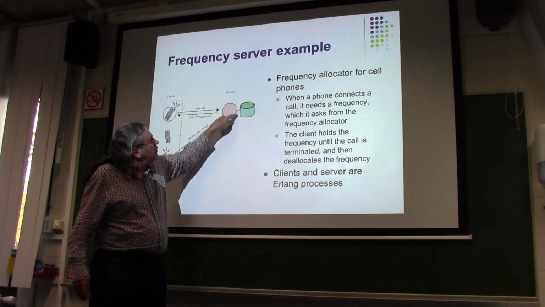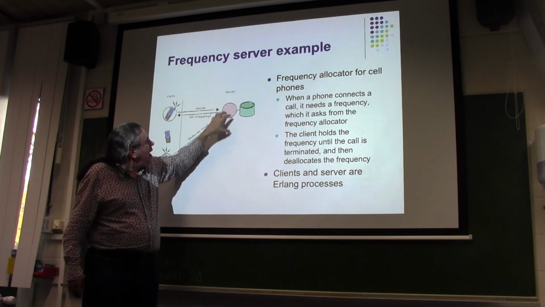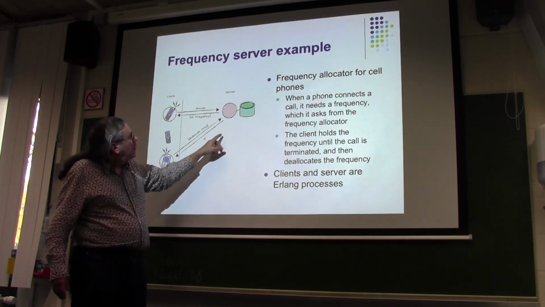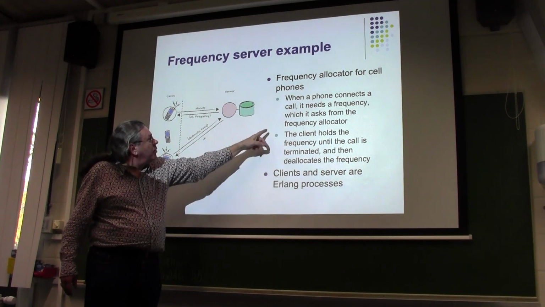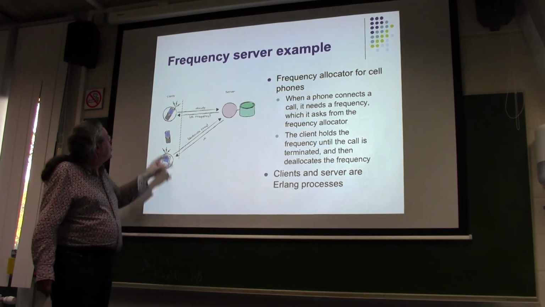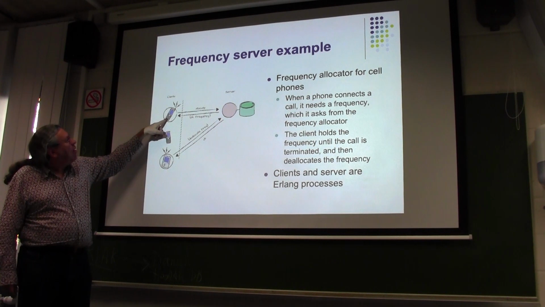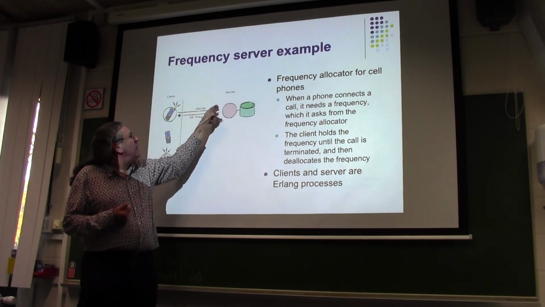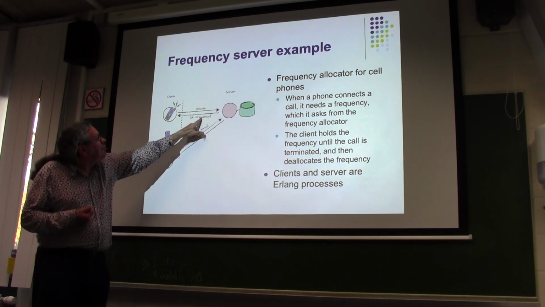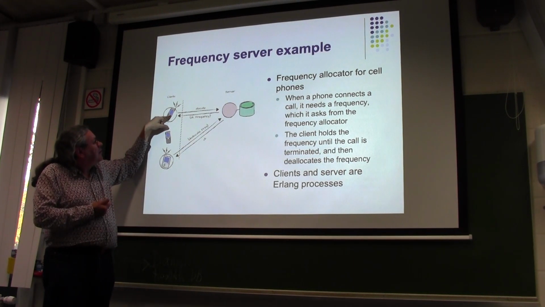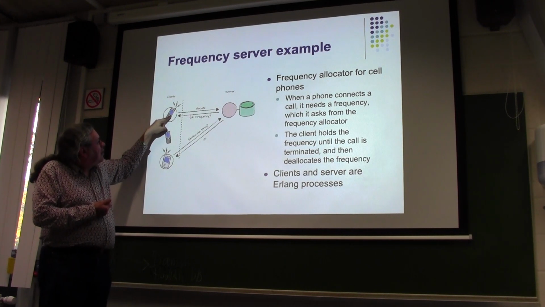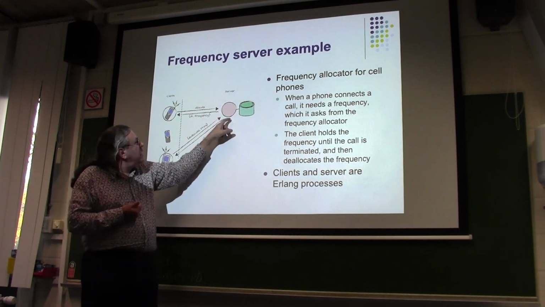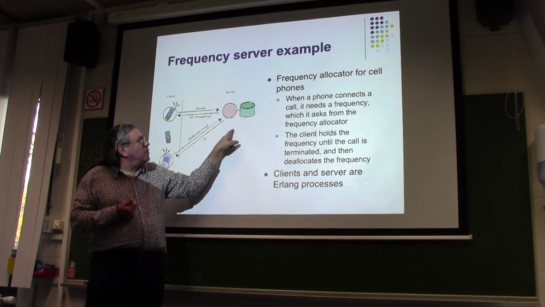The server knows which frequencies are used by the phones, 10, 11, 12, whatever, the channels. When a phone needs to make a call, it needs a frequency. So it asks the server, please allocate a frequency, and the server says, you can use frequency 10. Another phone can say, I want a frequency, and it uses frequency 11. The server keeps track of which frequencies are being used.